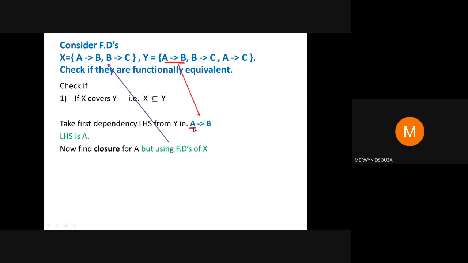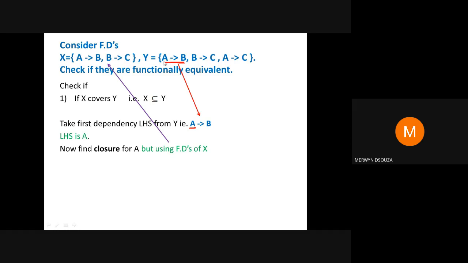You're going to find the closure of the left hand side, that is A, using the FDs of X.